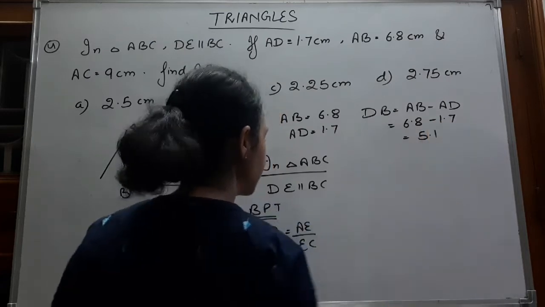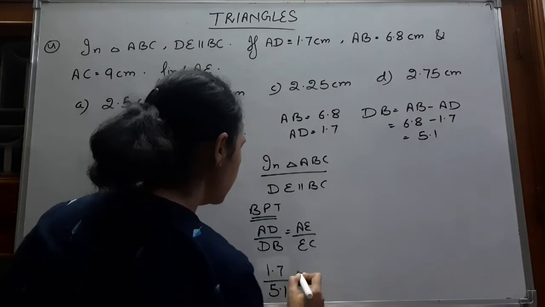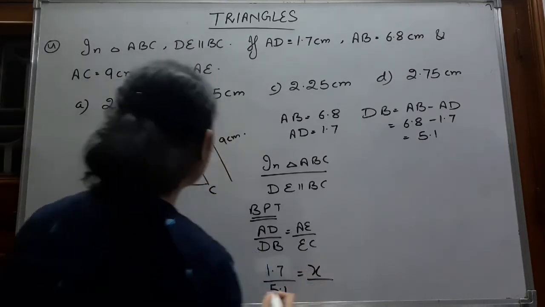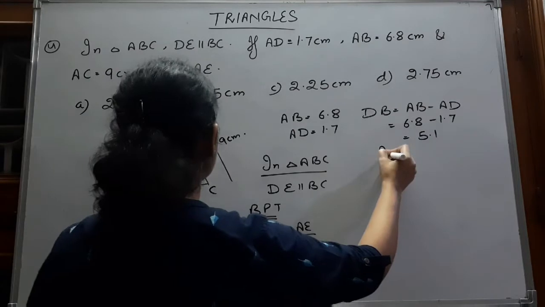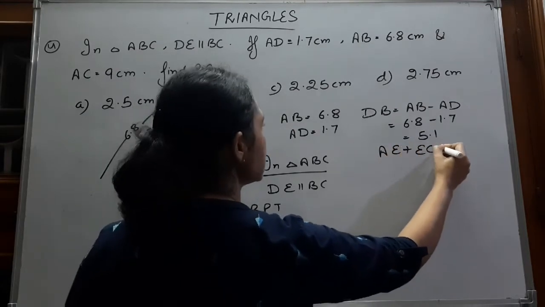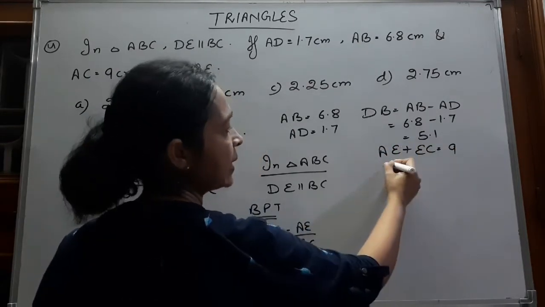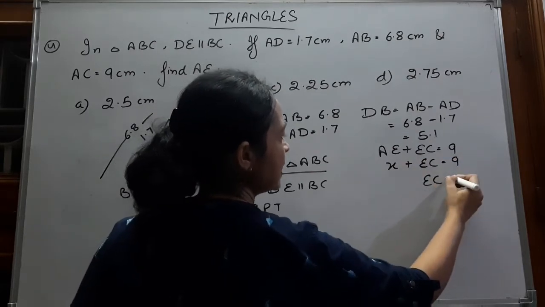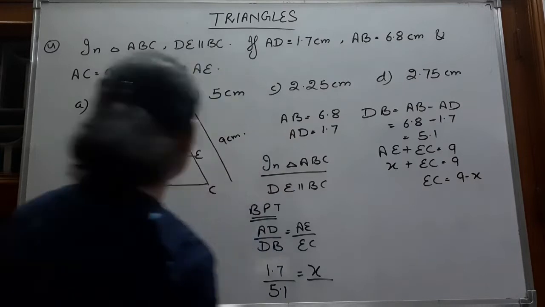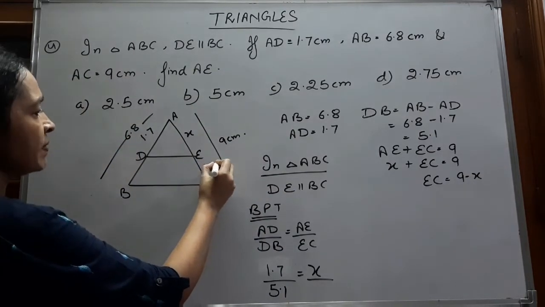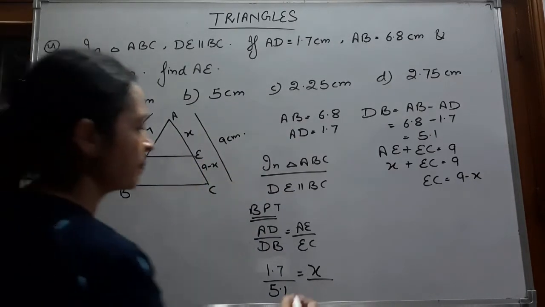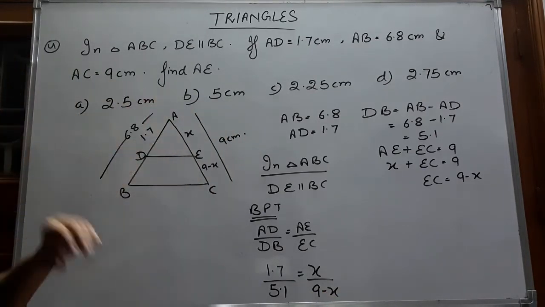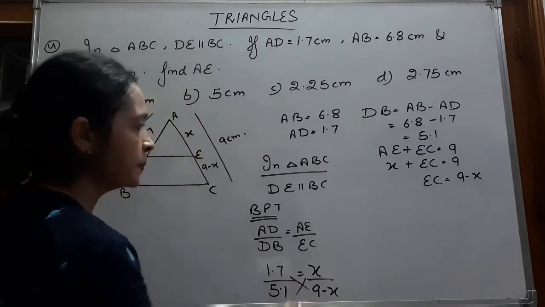This is 5.1 centimeters equals, we have taken AE as X. What will be EC? AE plus EC equals 9. We have taken AE as X. So what will be the value of EC? 9 minus X. So in place of EC we will write 9 minus X. We have to find X. Cross multiply.